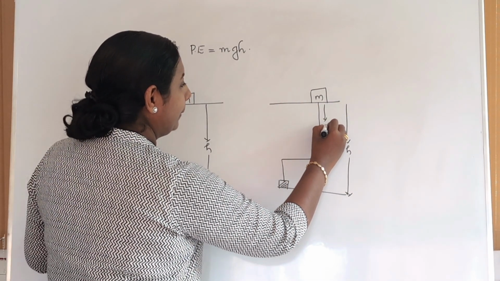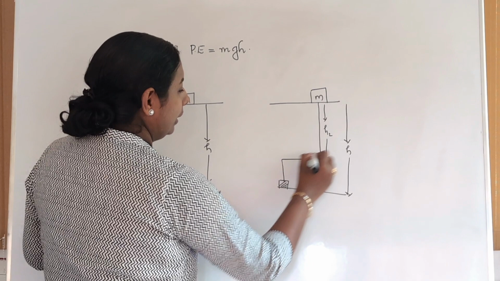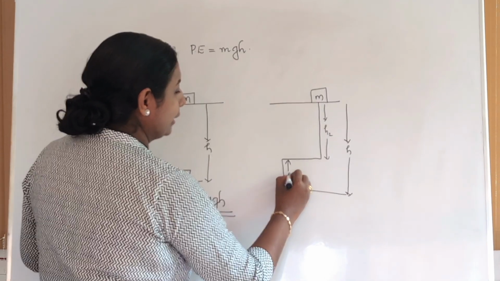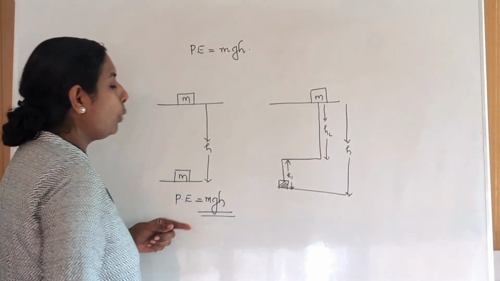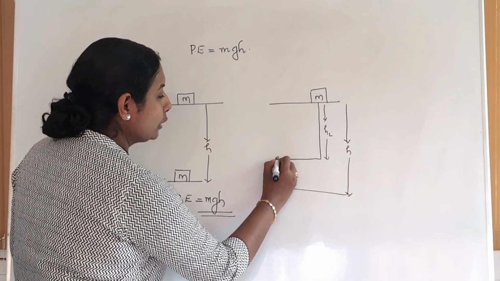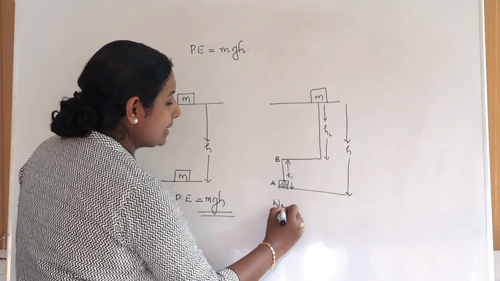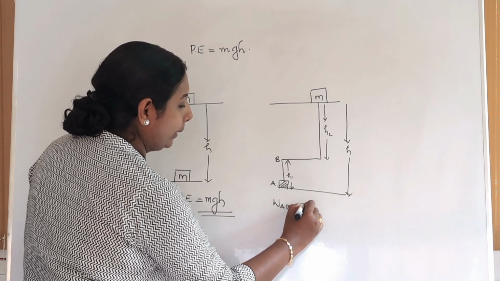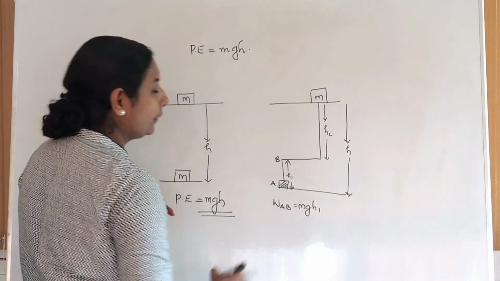Let this height be h2, this height be h1. So what is the work done to move the body from A to B? We can say that W_AB is equal to mgh1.